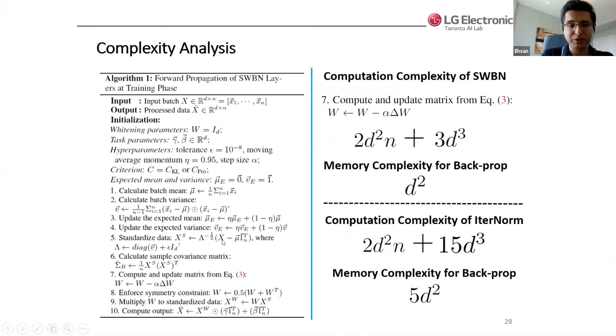I'm not going into different steps of that, but feel free to check our paper for the full description of the algorithm. However, in terms of the computational complexity, when we're comparing our SWBN with ITER norm, you can see that both of them are of cubic order as well. However, our algorithm is 5 times faster because ITER norm is using Newton's method.